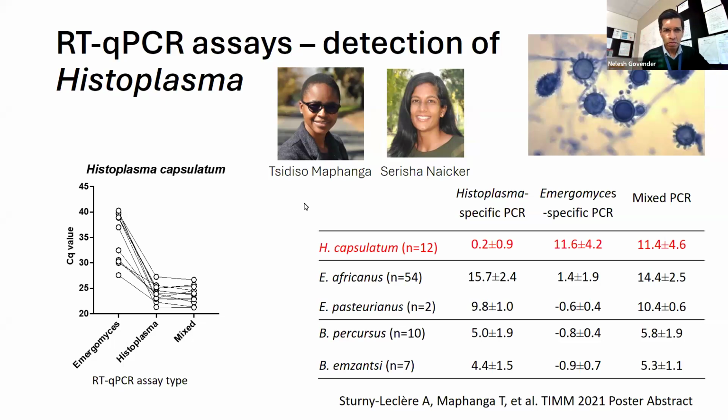You can see that when you test these 3 PCR assays against Histoplasma capsulatum, CT values are lowest for the histoplasma assay because it's designed for histoplasma, and then you get higher CT values when you apply the Emergomyces PCR and mixed PCR assays to Histoplasma capsulatum.